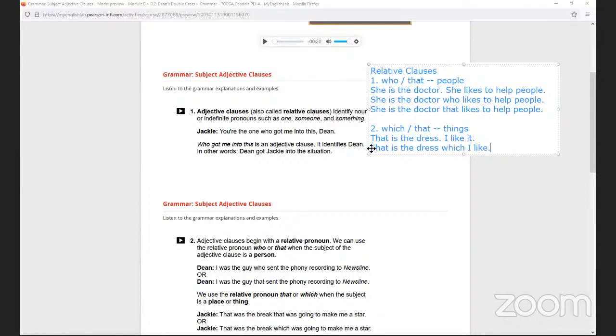Okay, so in order to join, if we talk about things, which or that. If we talk about people, who or that. Okay, for example, here, you are the one who got me into this. Then as we are talking about people, you, we're gonna use who for the people. Of course, we could use it with all tenses, present, past, future, okay, with whatever tense.